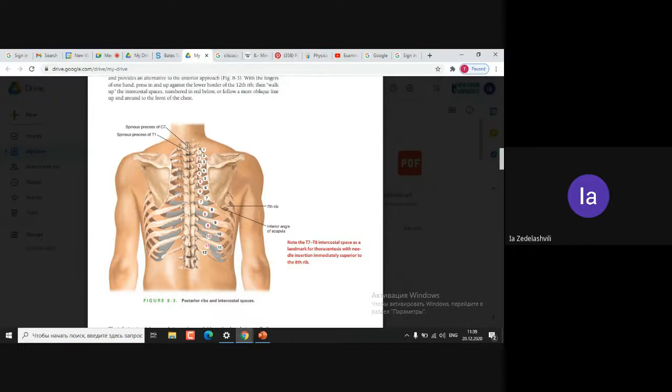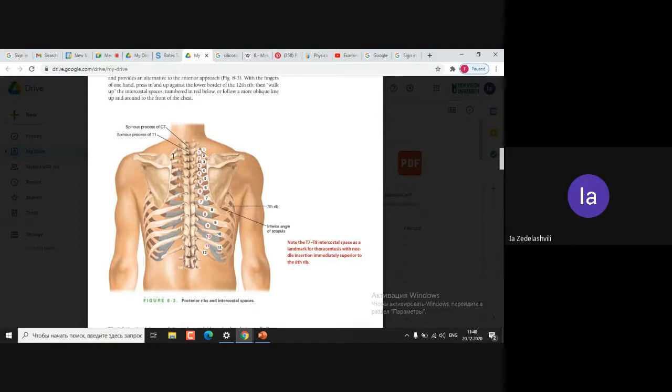Take your hand back on this part and you find this ball-kind of excavation. So it's the spinous process of the seventh cervical vertebra perfectly. Below it will be the first thoracic one.